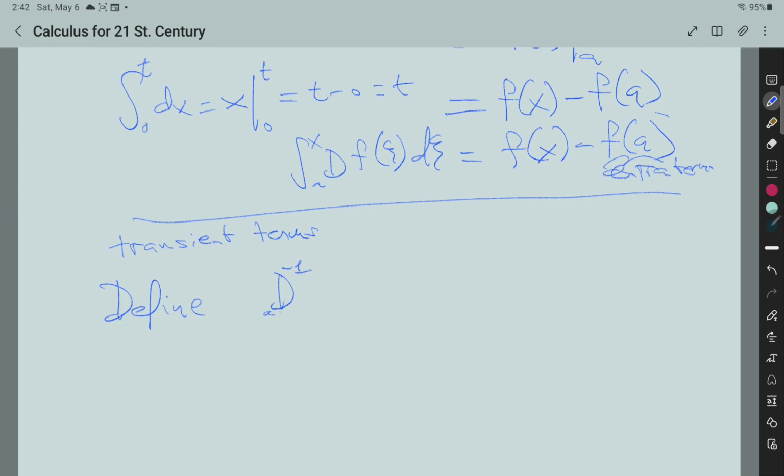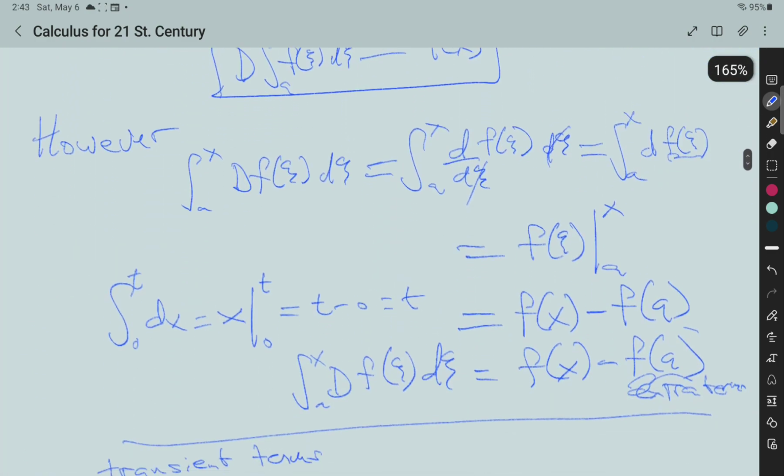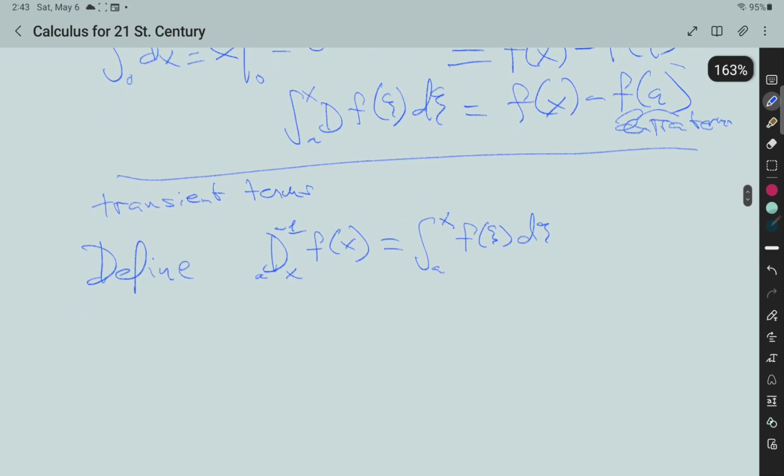D to the minus 1 from a to x of some function f of x is defined as the integral from a to x of f of c dc. Notice I'm changing the x to c here because it's just a dummy variable, so I could call it anything. So the differential there is also a dummy variable. So if we start with this as a definition, let's call this here equation 3. Okay, so I'm going to box this.